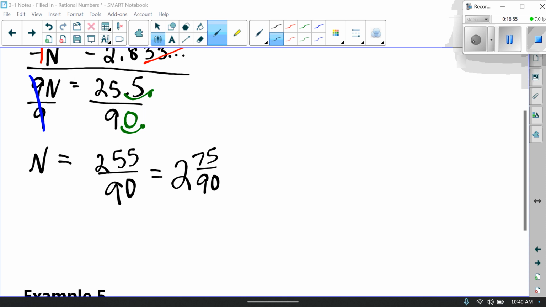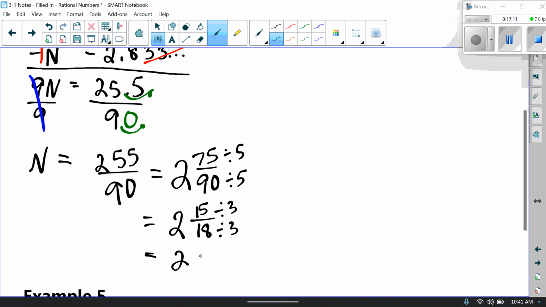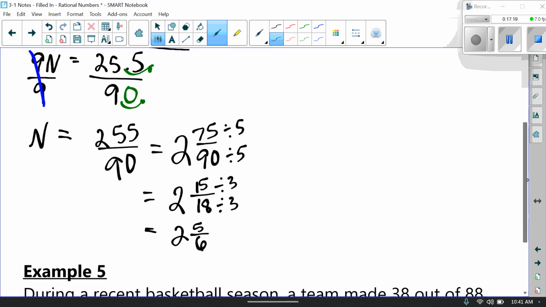Is everybody with me? And of course, can I simplify that? Yeah, I can divide both of those by 5. And then we're dividing by 3 again. We're simplifying some more. So we get 2 and 5/6. Is everybody with me?